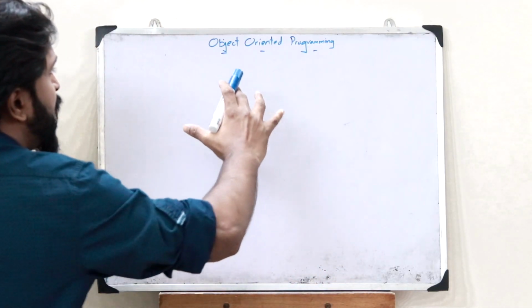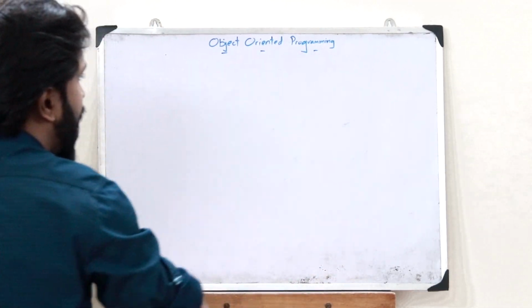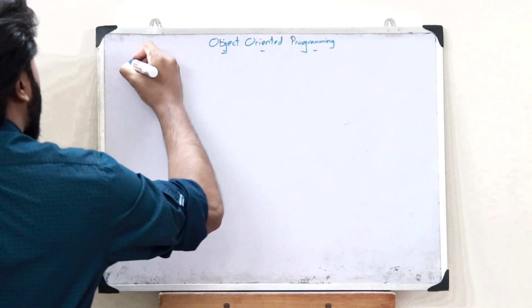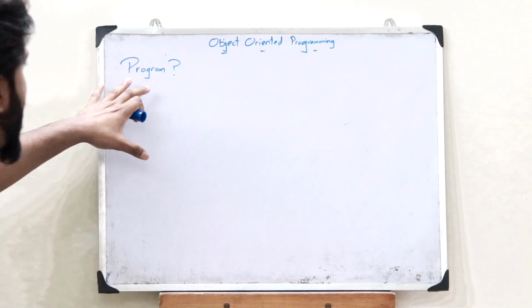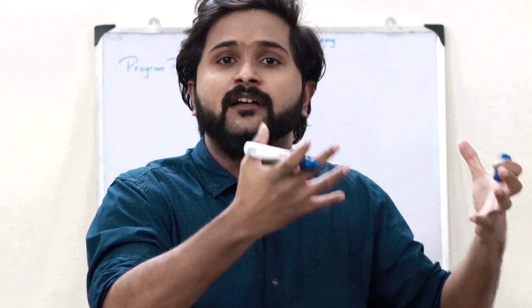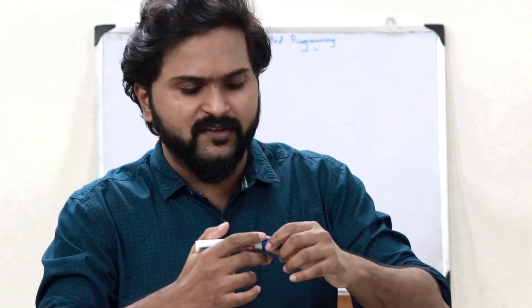So, before we go into object-oriented programming, we have to know what you mean by the term a program. A program consists of a set of instructions that we give to the computer so that the computer can perform a particular operation. Let me make it simple for you. Imagine that my mother wants me to buy a packet of milk.